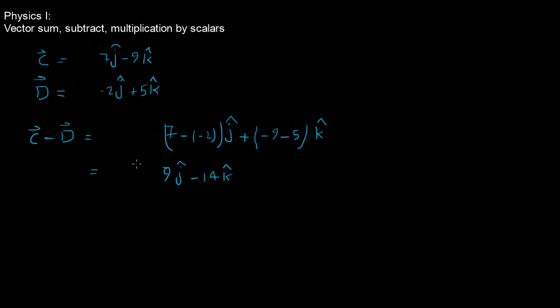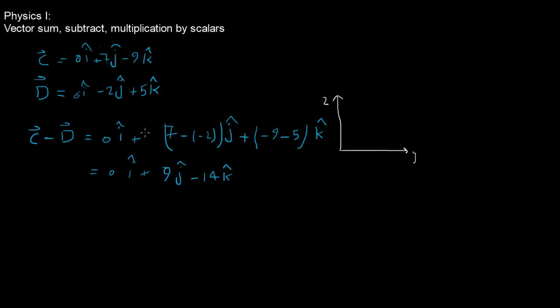So now I have a two-dimensional C in y and z plane, a two-dimensional D in the same plane, and the same thing for C minus D. So basically all of them have a 0 i hat. So now I'm going to draw the vectors in y and z plane. So this is the y axis, and z.